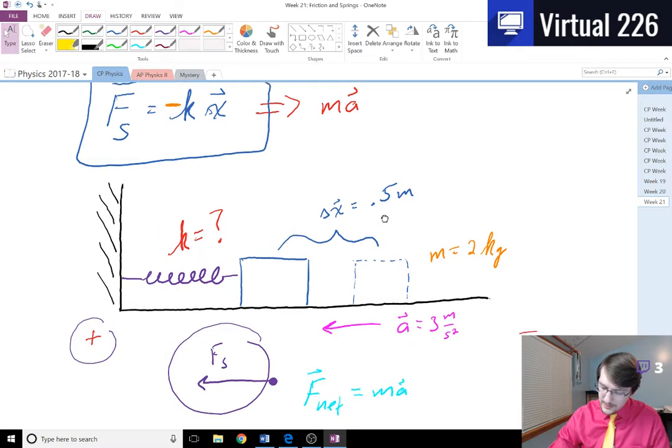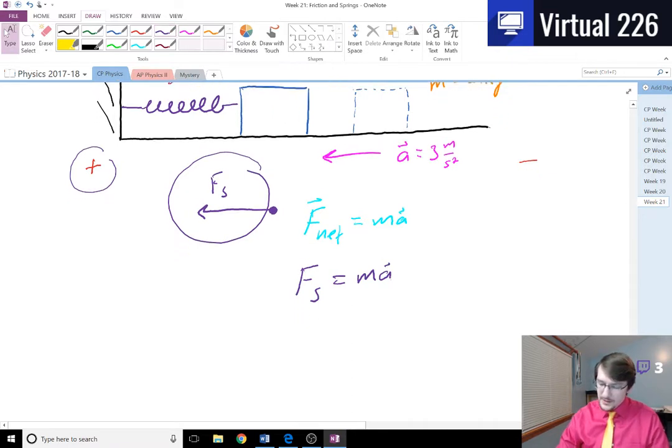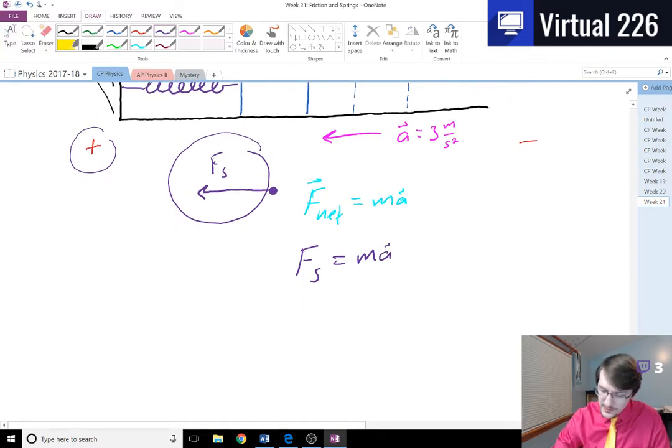What we have down here then is Fs equals ma. We know Fs is equal to kx, or negative kx if that floats your boat. However you like to think about the problem. So we can just put in kx equals ma.